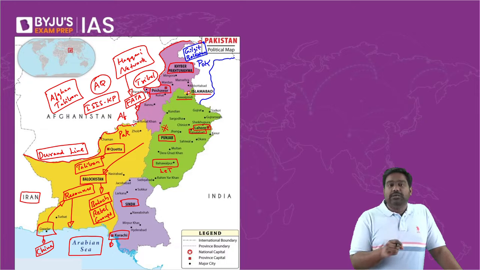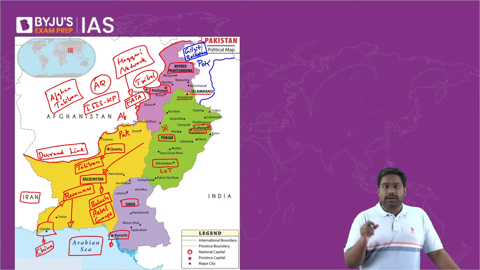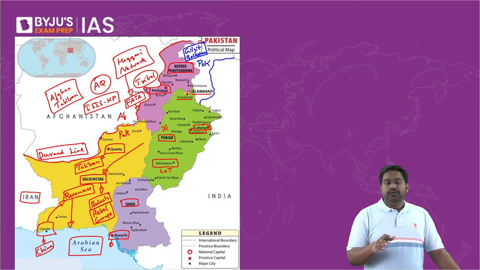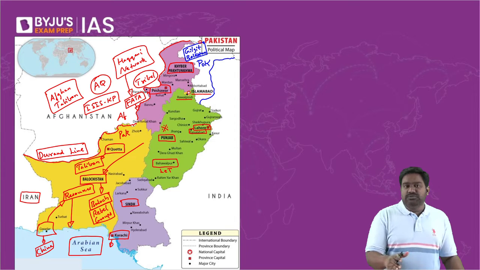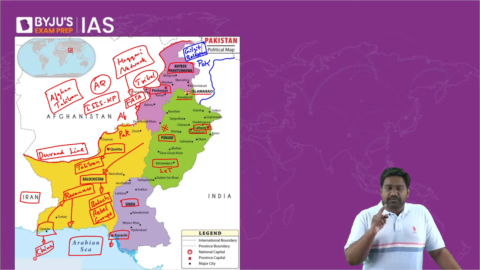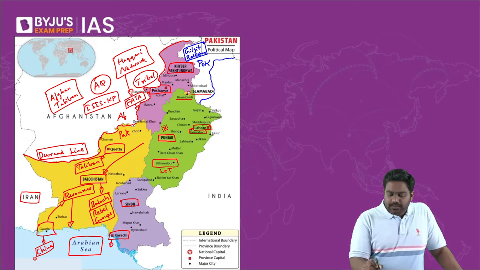That's why we refer to it as POK, Pakistan Occupied Kashmir. That is the only term which is acceptable for us. All right? Because Pakistan uses other names. The international community uses other names. Those names are unacceptable for India. So be very careful in the exams as well. Pakistan calls it Azad Kashmir.